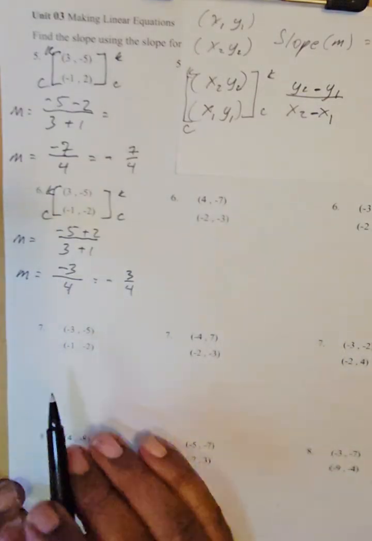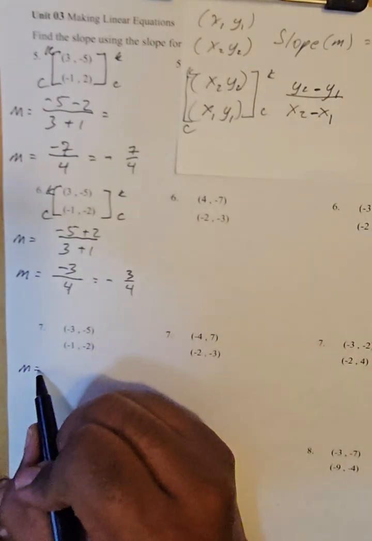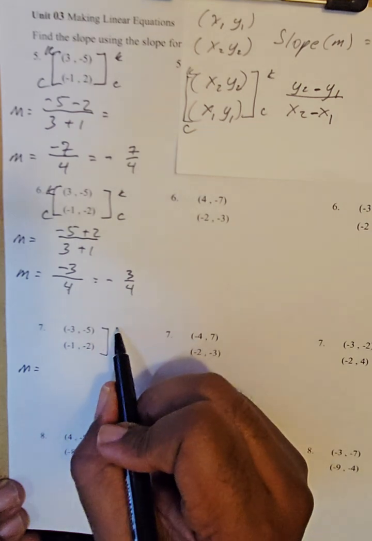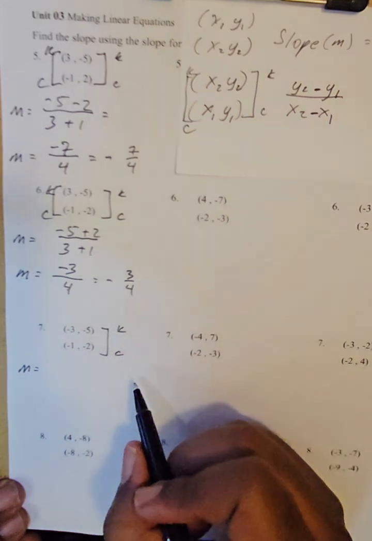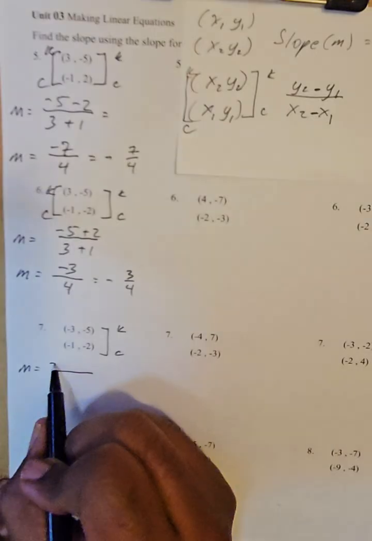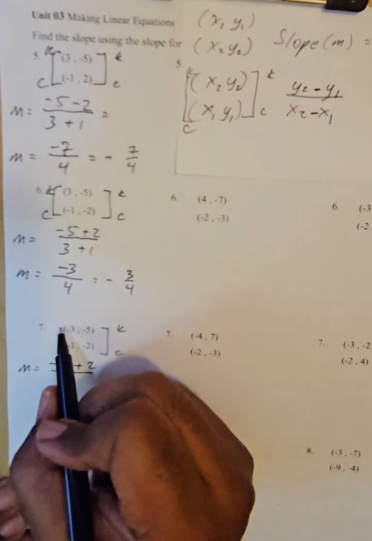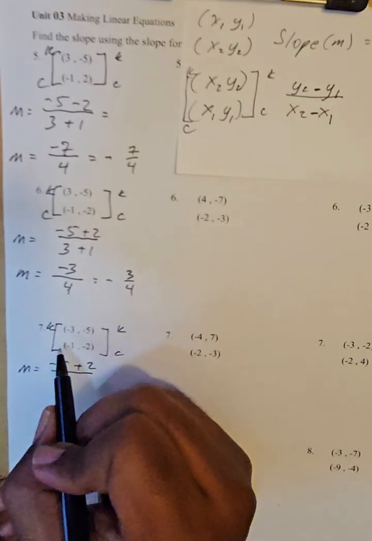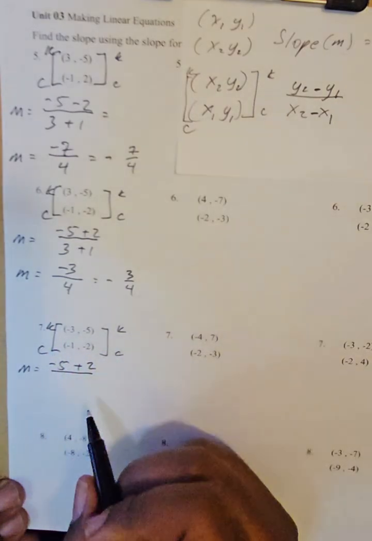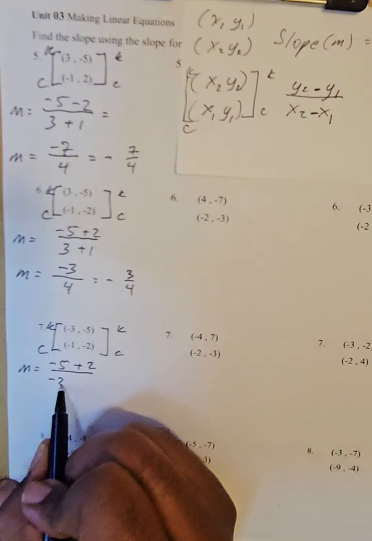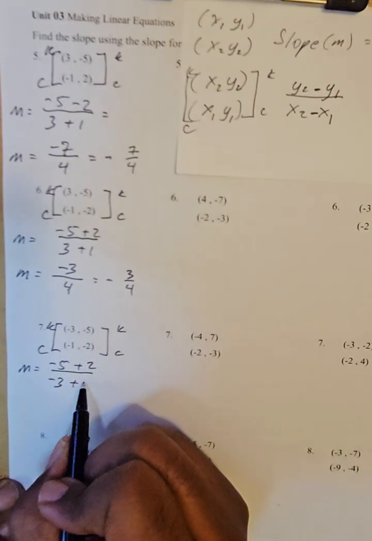Okay, here, we're going to do a keep and change. So we're going to keep the -5, but change -2 to +2. On the left side, we're going to keep the -3, but change the -1, so it'll be -3, and the -1 gets changed to a +1.